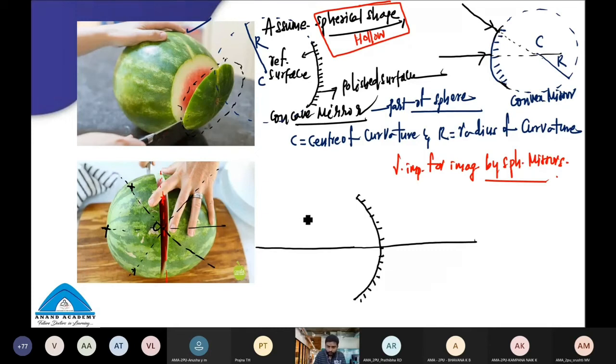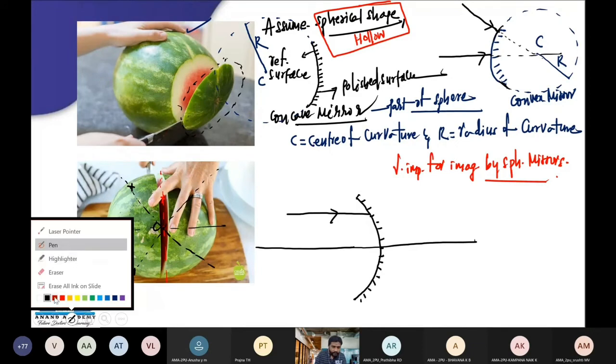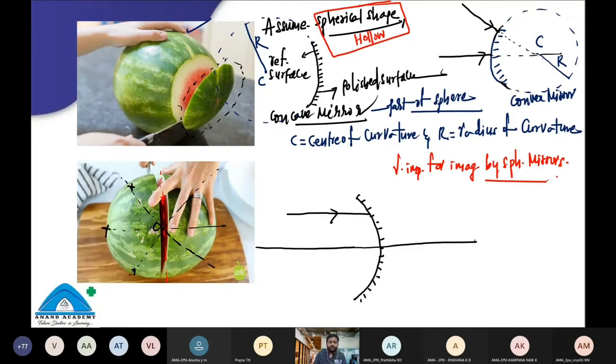A light ray is incident here, students. We also know that the laws of reflection are valid in the case of spherical mirrors also. Yes or no? Laws of reflection mean what? Angle of incidence is equal to angle of reflection.